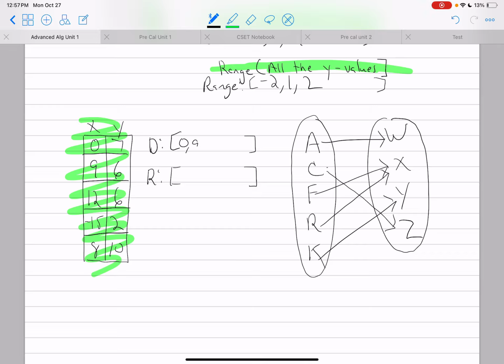So 0, 9, 12, -15, and 8. And my range is all my y values. I'll try to put them in order. 2, 6, 6. Actually, I don't even think you need to write 6 twice. You don't. 2, 6, 7, and 10. There's my domain. There's my range.